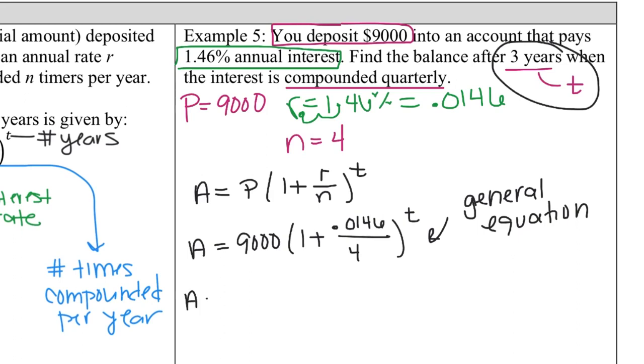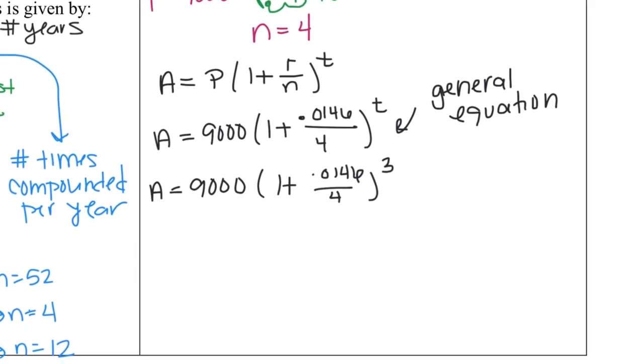Now we're going to take this equation, substitute in a 3 for t, and evaluate. Use your order of operations to make sure you evaluate this in the right order. I need to get the inside of the parentheses as simple as possible. So first, 0.0146 divided by 4 is about 0.00365.